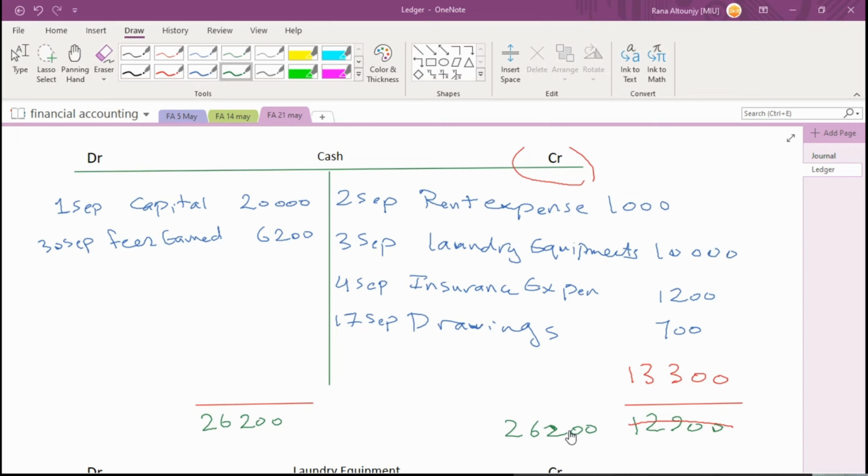You see this one is heavier than this, so you add a little bit more here to be the same weight. Here also we add this amount, 13,300, just to make both sides equal. When we add it, we call it balance.